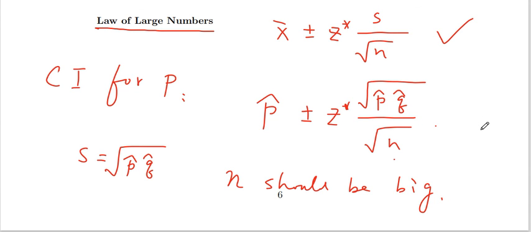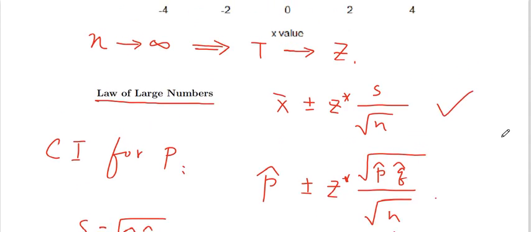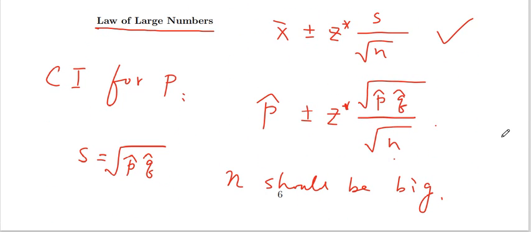Okay, so those are the topics for the estimation problem. Let's review here. The formula is x bar plus minus C star times sigma over radical n if sigma is known. If we don't know sigma, replace sigma by s, then this Z star should change into T star.